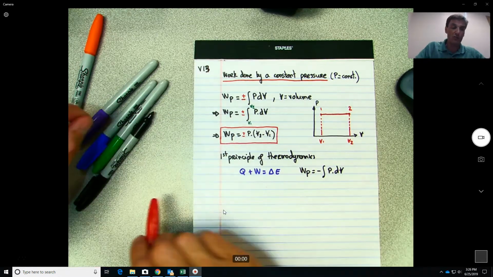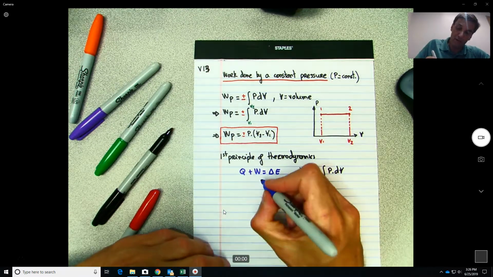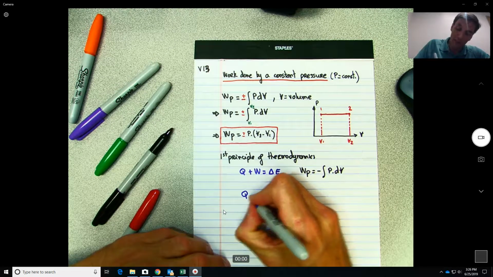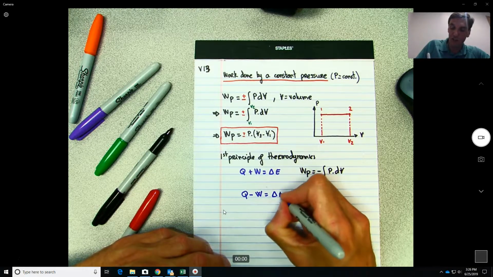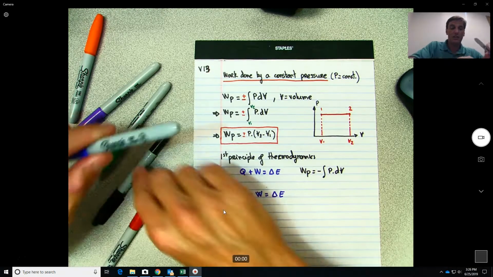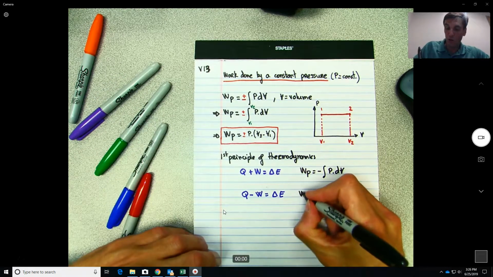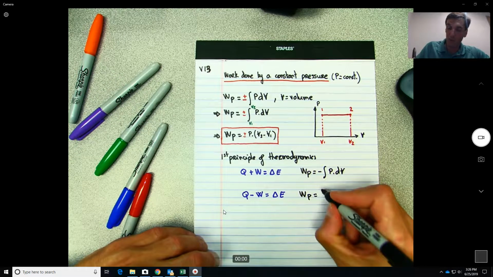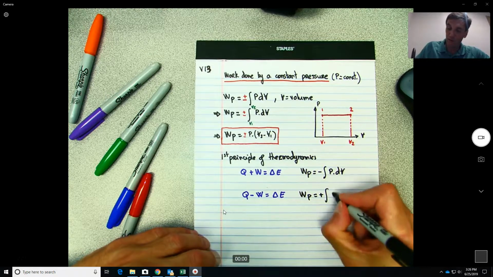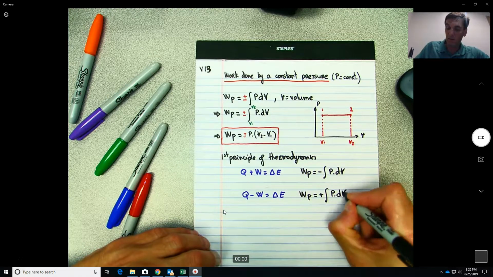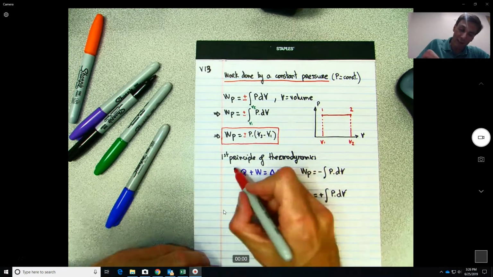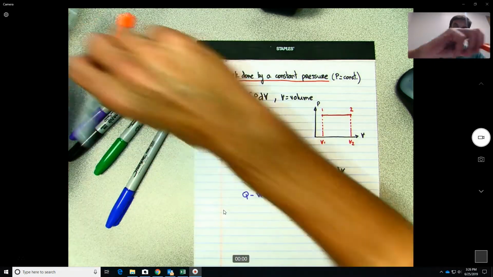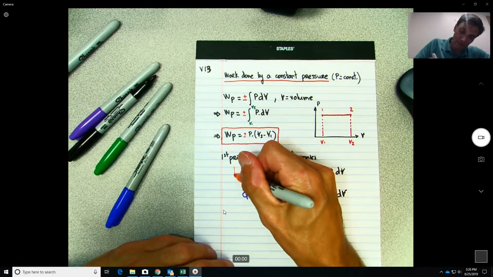On the other books that use the convention heat minus work equal to change in energy, in that case the work done by the pressure is equal to positive P dV. Okay, so that's basically the result that we have.